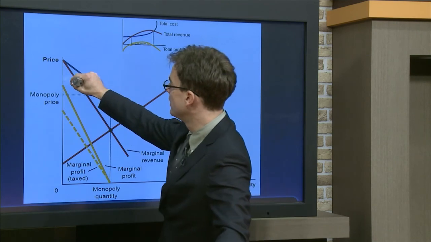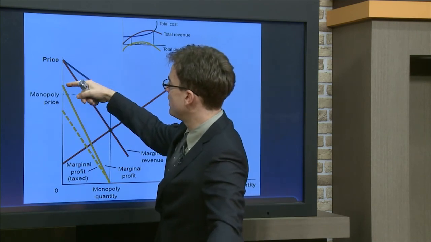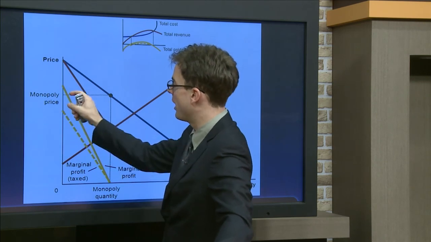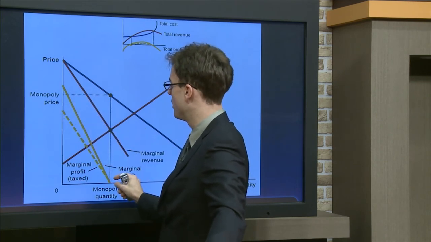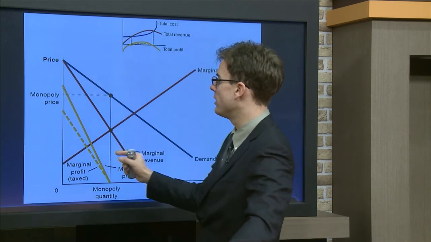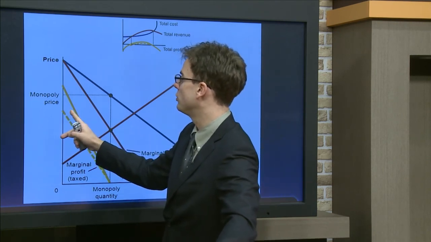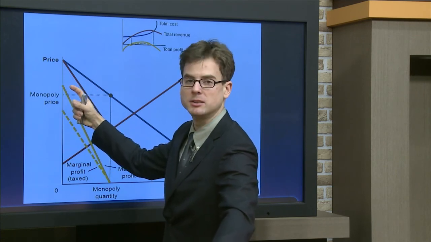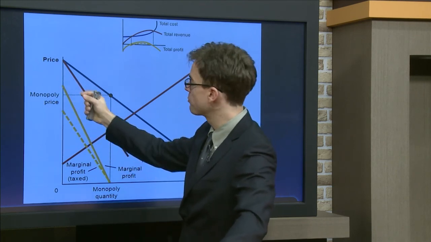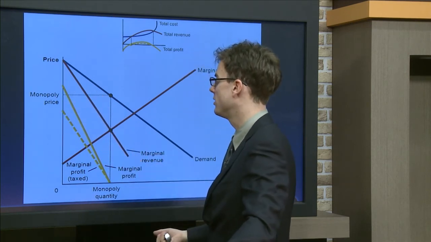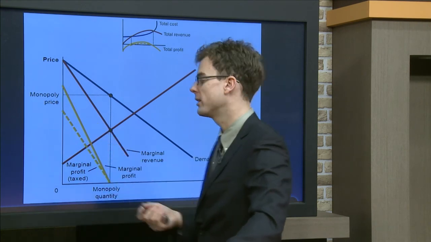In that case, the marginal profit curve would fall by 20%. Right? Effectively, every time the monopoly produces 1 unit of output and experiences some marginal profit, these marginal profits would be smaller by 20% compared to the no tax situation.